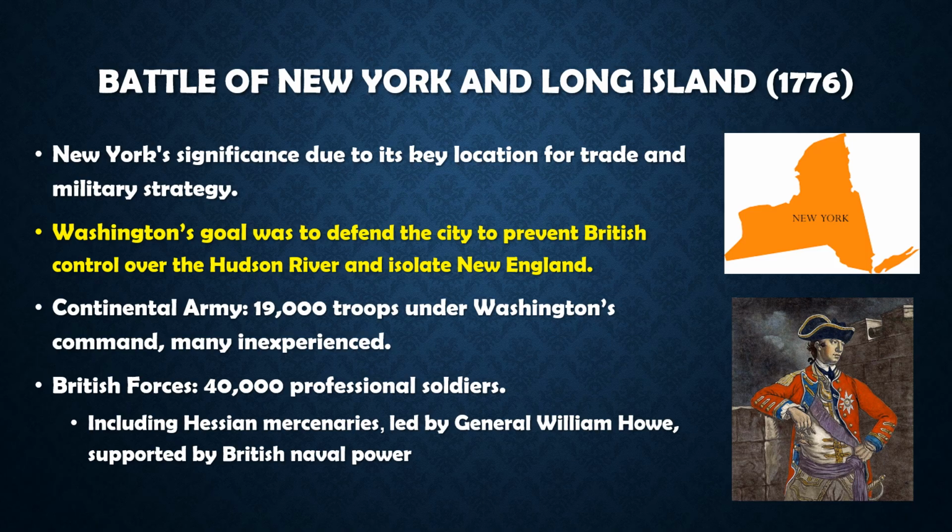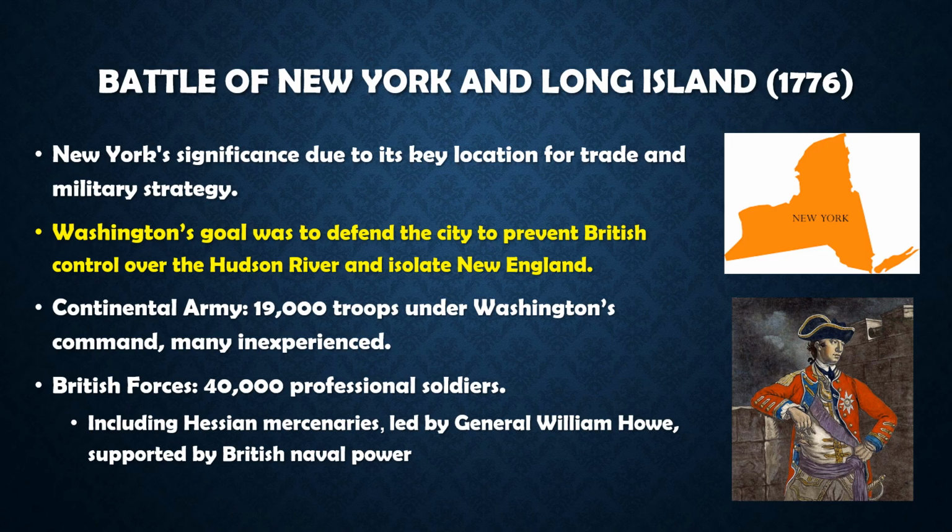Within New York, the Continental Army had about 19,000 troops under Washington's command, many of them very inexperienced. The Continental Army did not have enough time to train its soldiers at this point. They didn't even have enough money to give them proper uniforms or proper weapons.